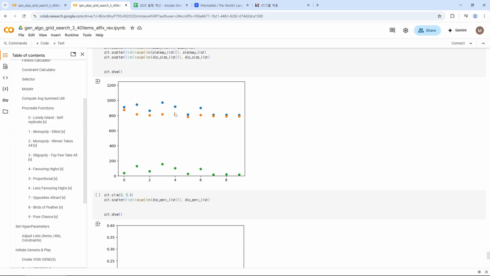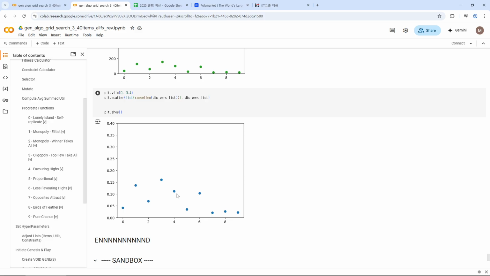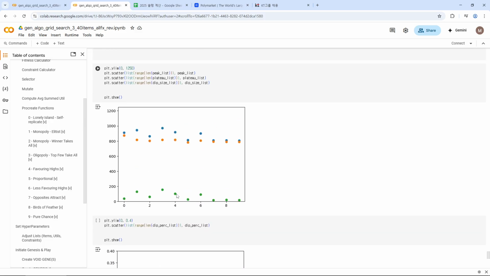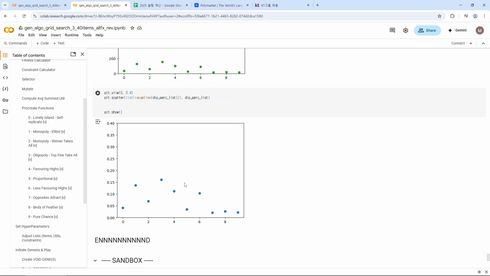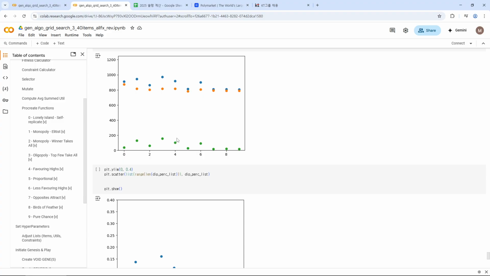Favoring highs also performs decently, with somewhat smaller or lower dip percentage or dip sizes, smaller than oligopoly or monopoly elitist. So it's not that bad.